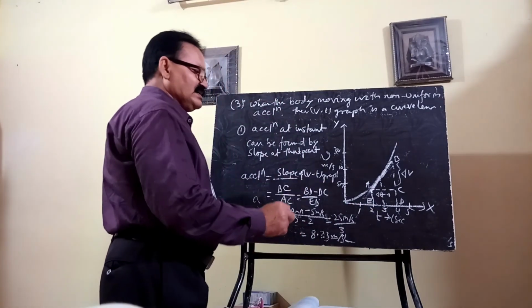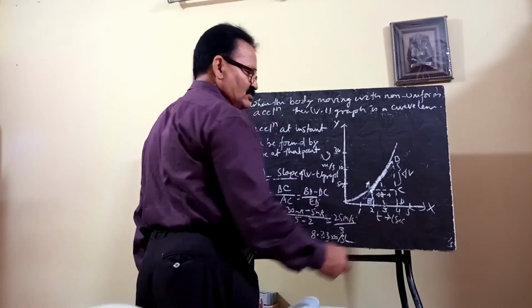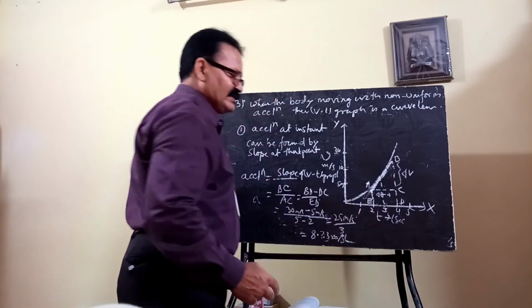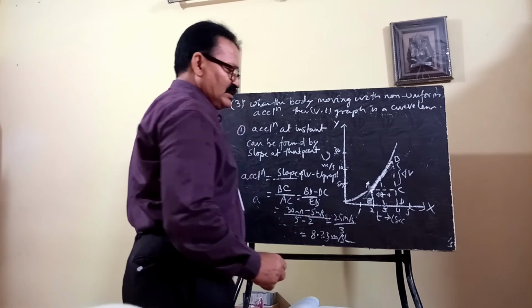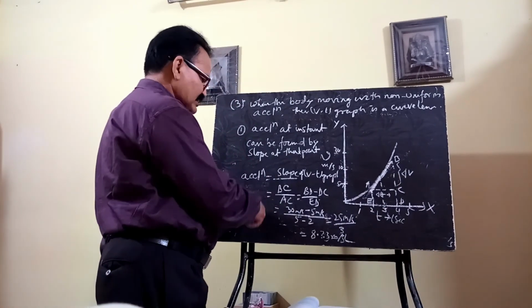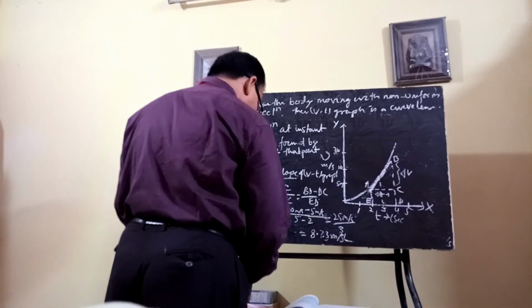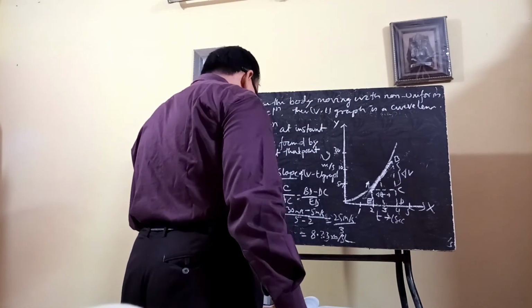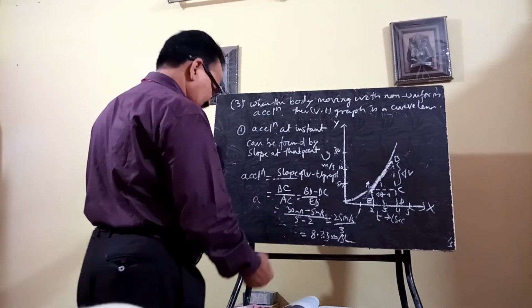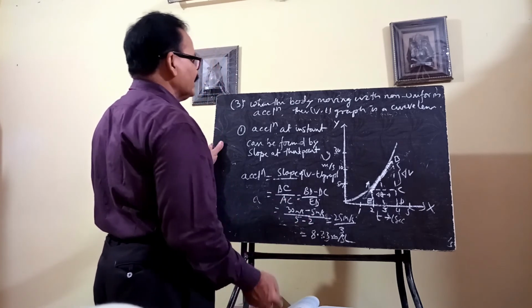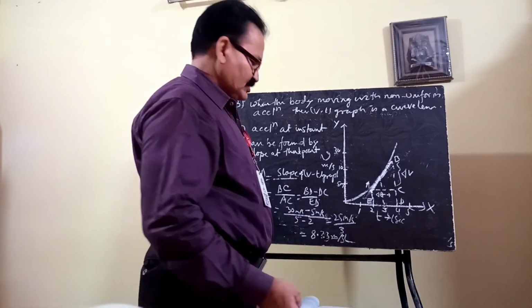So at that instant you draw a tangent, and from the end of the tangent you draw the vertical line followed by the horizontal line. The differences of this horizontal column and vertical column will give you the acceleration. Okay, now for finding the area, again, the area of this velocity time graph will give you the displacement of the body under non-uniform motion.